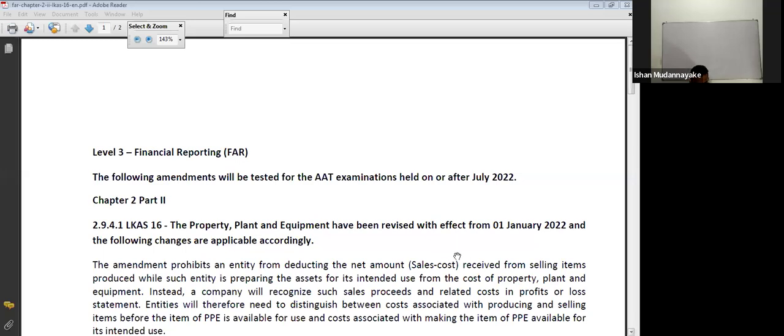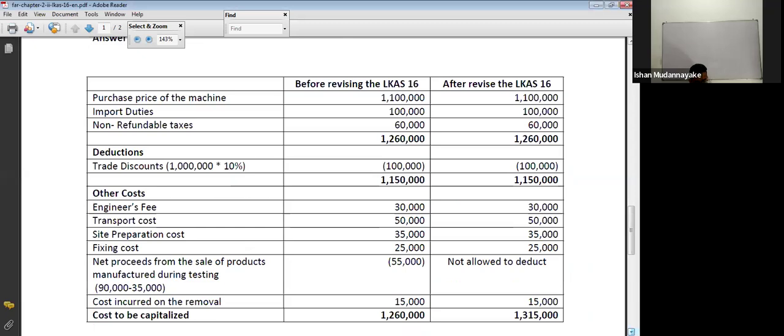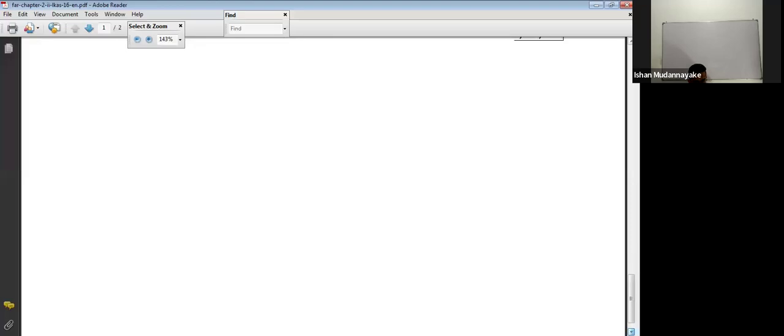Rebate discounts, yes, not allowed. Proceeds from the sale of products manufactured during testing. Okay, testing cost ignore.